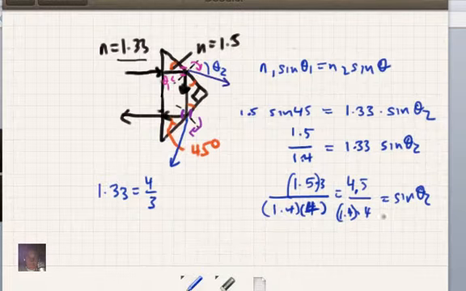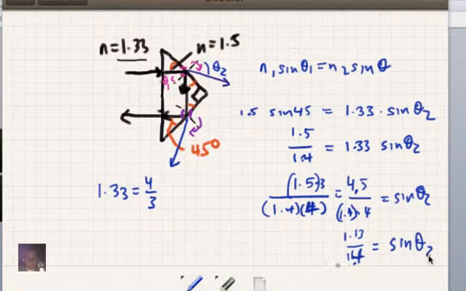So I'm rewriting this over here: 1.13 over 1.4 equals the sine of theta 2. Okay, so close enough. 1.1 over 1.4.